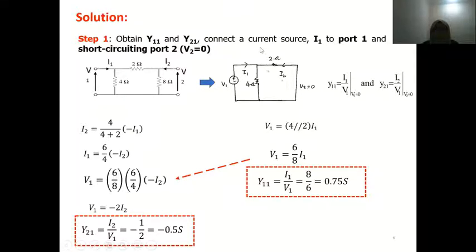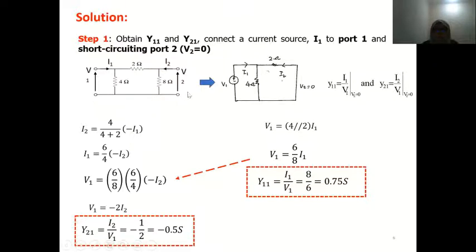We put the current source I1 at port 1 and short-circuit port 2. The equivalent circuit under this condition has V1 with I1 as the input current, then a 4 ohm resistor and a 2 ohm resistor.